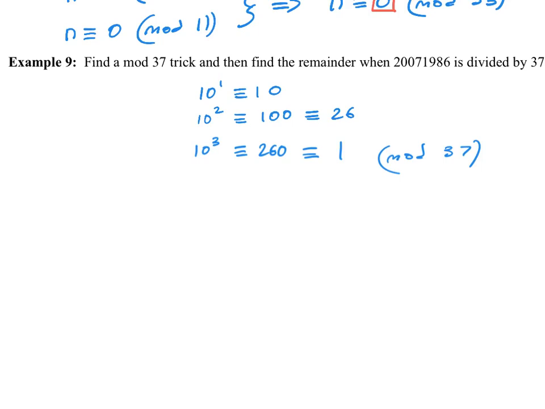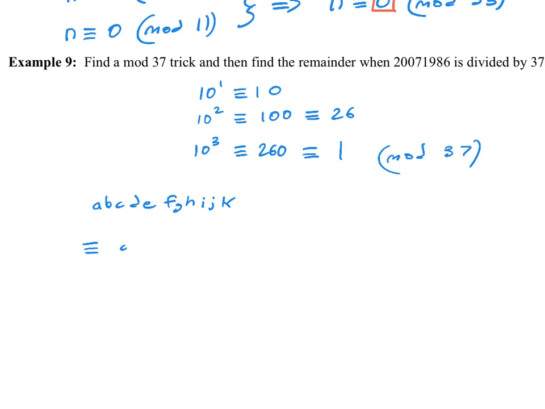So this means that if we took an arbitrary, let's say 11-digit number, for example, let's say it's A, B, C, D, E, F, G, H, I, J, K, and we wanted to reduce that nicely in mod 37, we would break that number up into groups of 3.